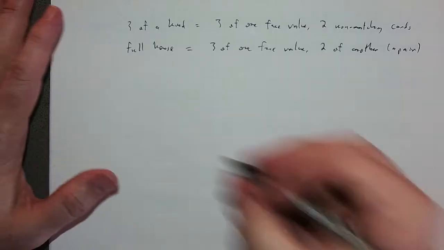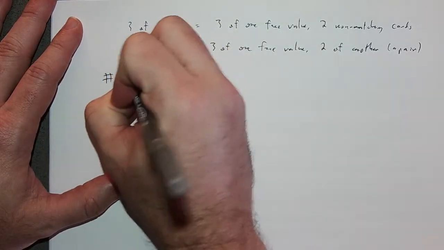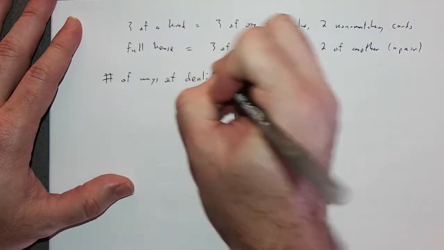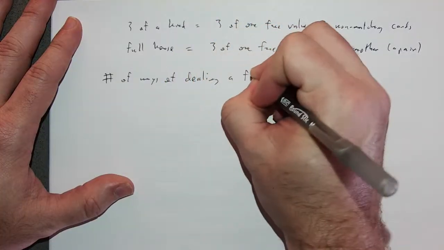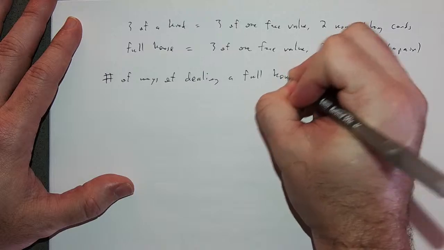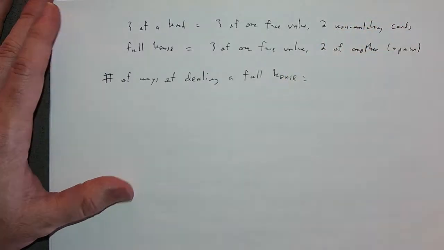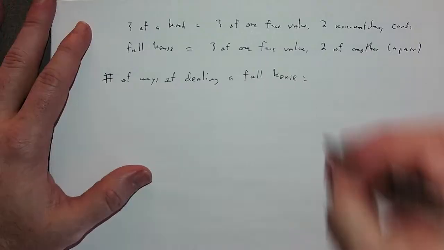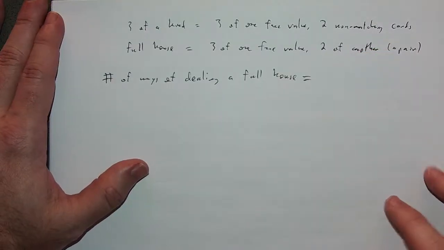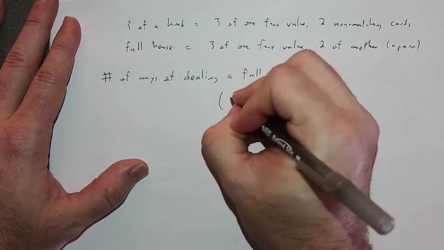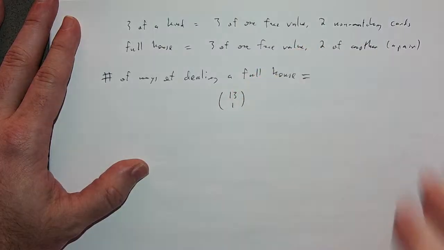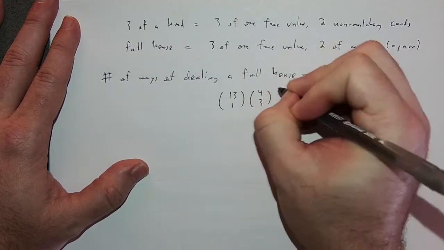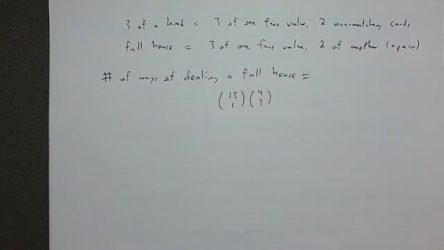So, the number of ways of dealing a full house, I'm going to do the same thing. I'm going to choose a card, choose 3 copies of that card from its 4 copies in the deck.